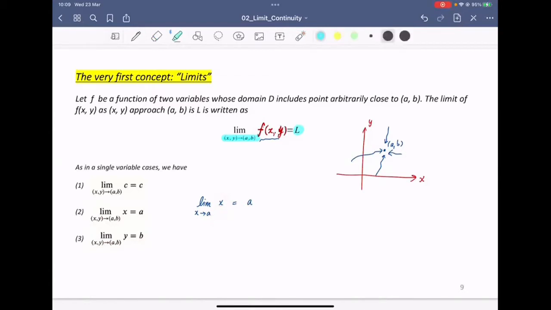It's still okay to use it. If you are looking at y now, it's going to be b because y approaches b. This is fine, an easy one. Which means when you use it in a problem, if you see x and y, it is okay if you plug in a and b into x and y, as long as you can compute it.